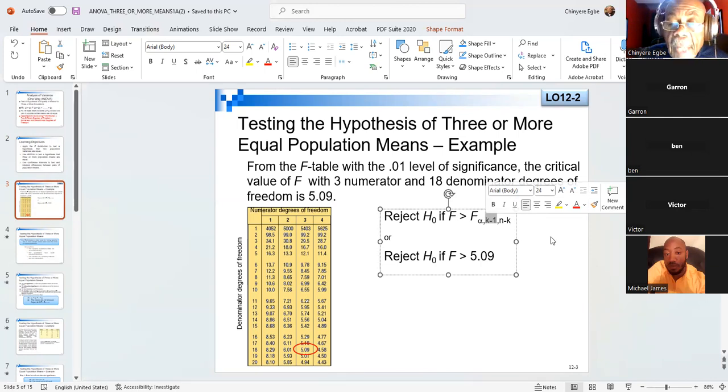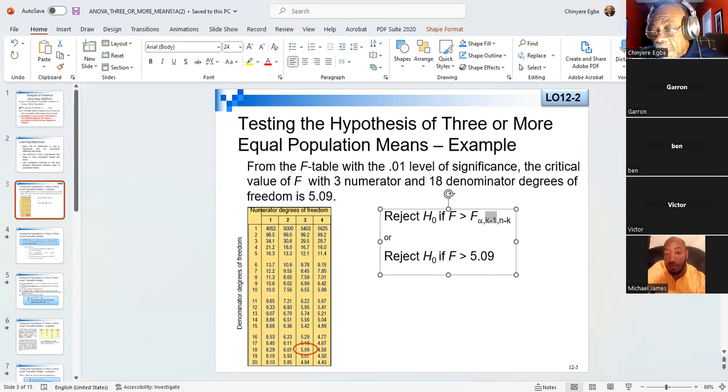And the bigger degree of freedom is the sample size, the total sample size now, minus the number of different populations. K is the number of different populations. N is the sample size that we have, the total sample size.